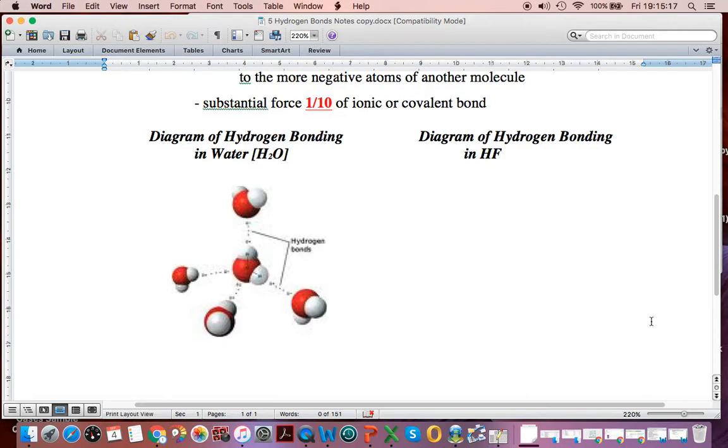So here's how it's sketched between 5 water molecules, and we'll do the same thing on the next video for HF. And what you see is the oxygen is represented in red, and that's not surprising. It's going to be bigger than the hydrogen. So here's our space-filled molecule. And what happens? Here we have a water molecule. This is partially negative. So it's going to orient towards one of the hydrogen atoms, and the dotted line here represents a hydrogen bond.